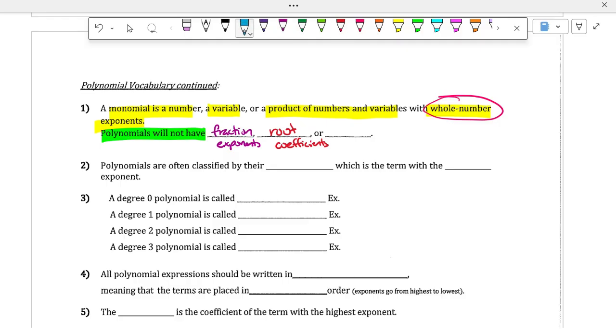And they cannot have negative exponents. So with polynomials, there's no square roots in it, there's no fractional exponents, and there's no negative exponents. If they do have it in there, it's not considered a polynomial.